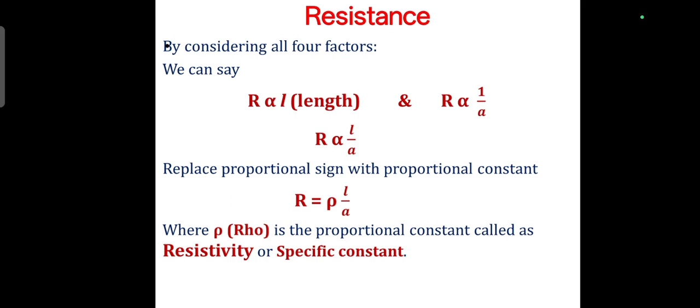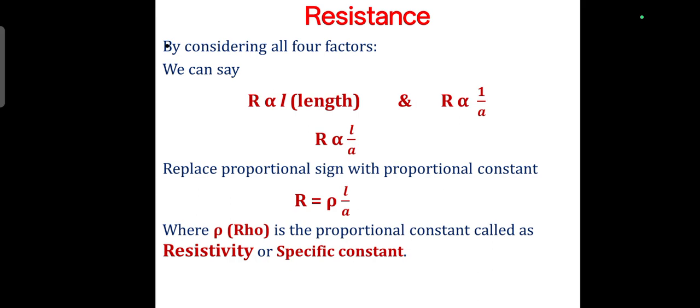So R is equal to rho into L by A. Here rho is the proportional constant called the resistivity or specific resistance.